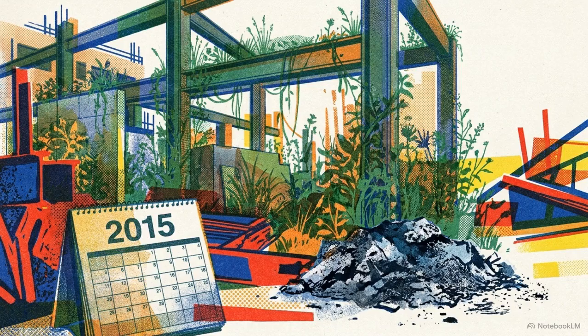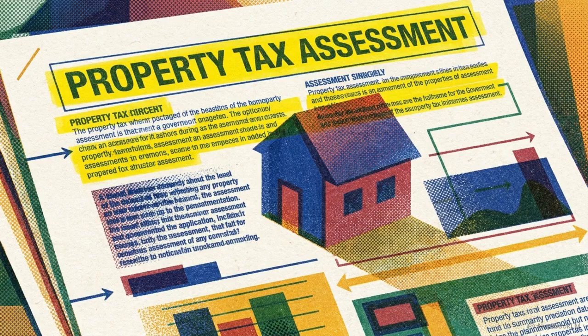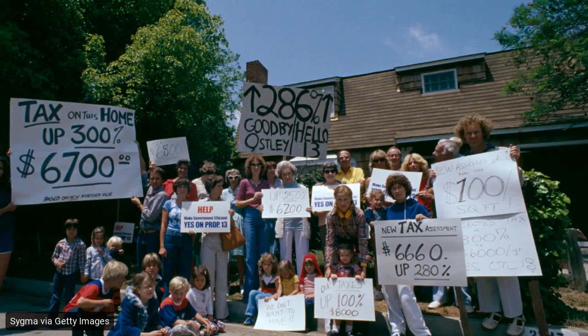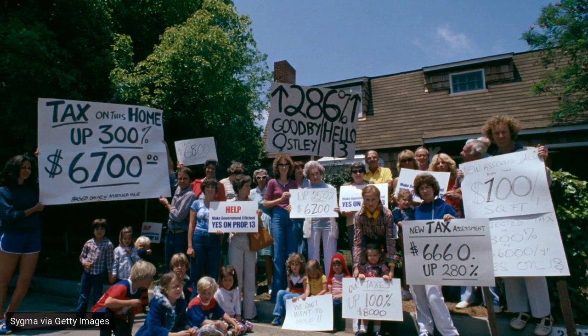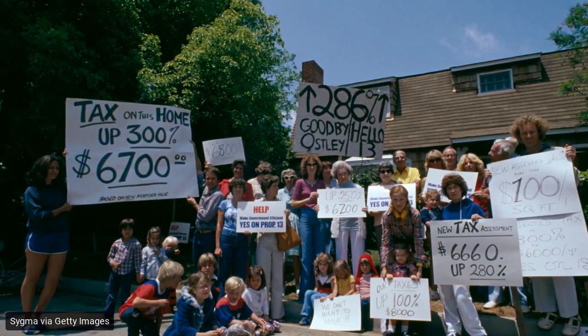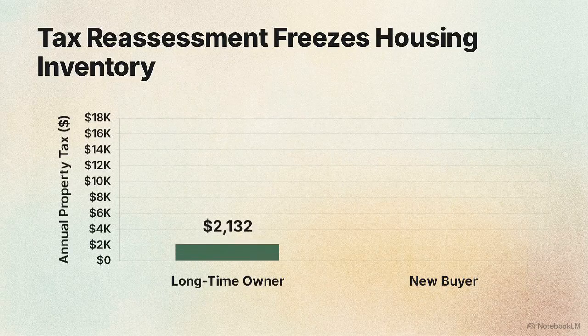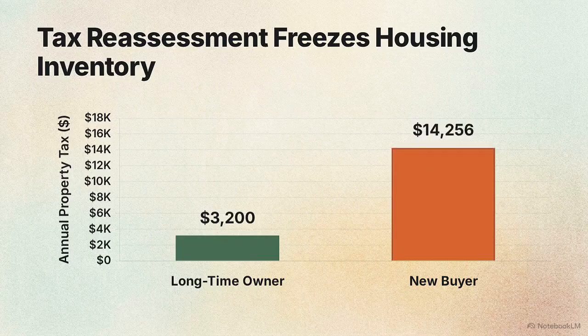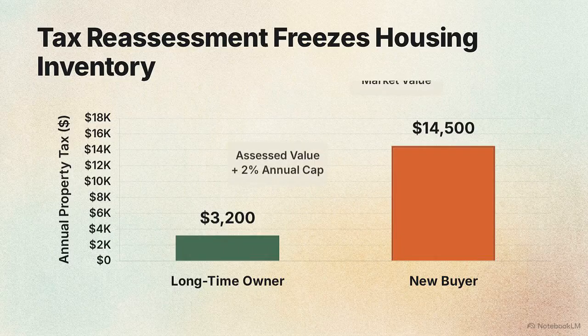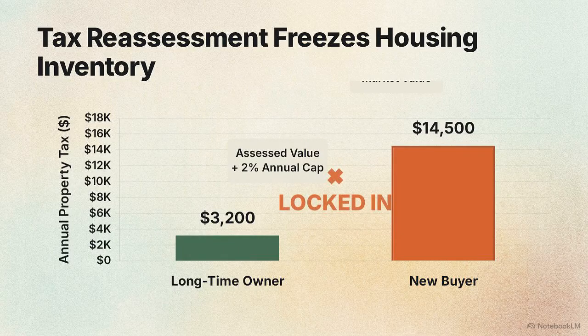The third and most uniquely Californian constraint is Proposition 13. Passed by voters to cap property tax assessments, Proposition 13 originated from intense political backlash against skyrocketing tax bills. But it created a powerful lock-in effect. Longtime homeowners refused to sell because moving would trigger a massive reassessment based on current market value, freezing the existing inventory.